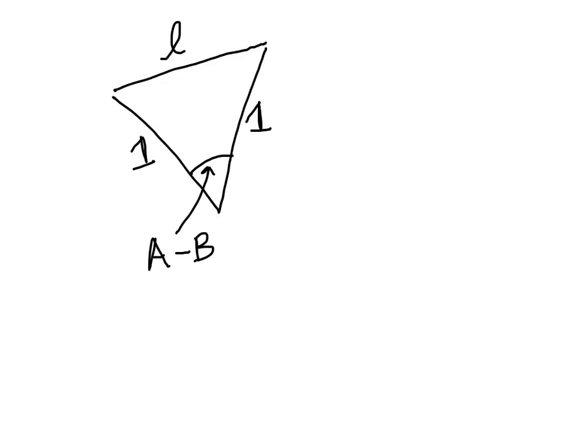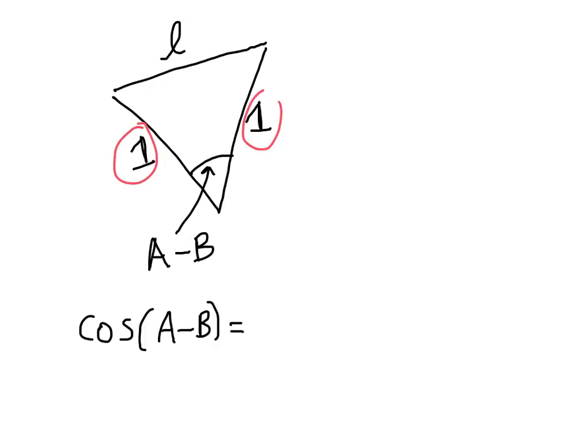Right, so the cosine rule tells us that we can find the cosine of that angle by looking at these lengths. Remember it's b squared plus c squared minus a squared over 2bc.